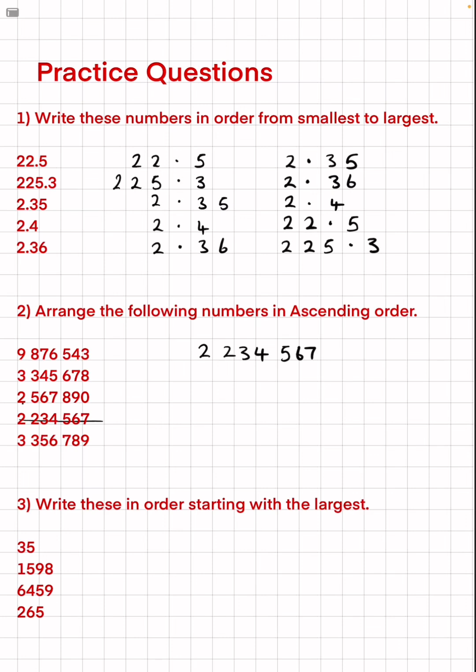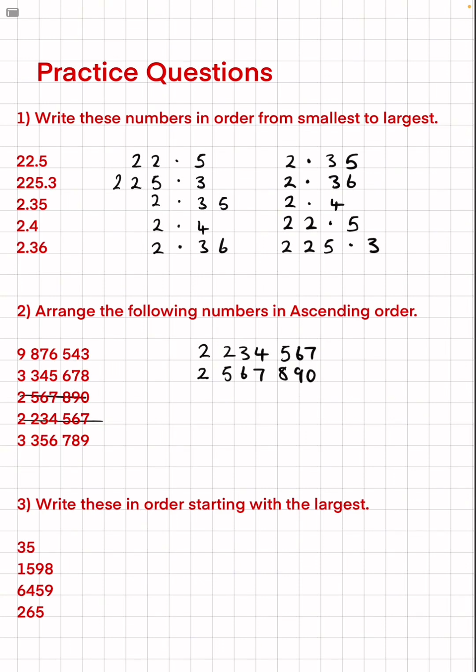The next smallest number is 2,567,890. 3 million is smaller than 9 million. So we've got two numbers with the same millions digit. So we can move on to the next digit, which is the hundred thousands. We have 300,000 and 300,000. So we can move on to the next digit, which is the 10,000s. We've got 40,000 and 50,000. 40,000 is smaller than 50,000.